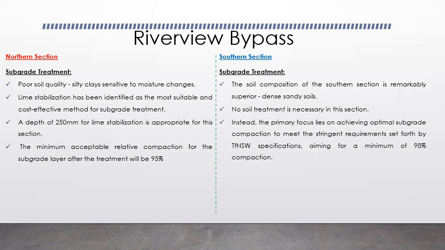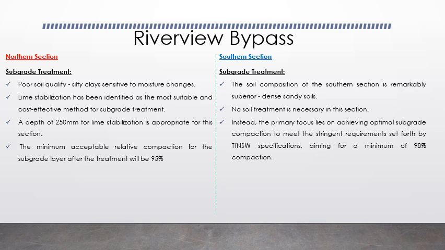And we'll have 250 mm of lime stabilization there in the northern section, and the minimum compaction after the treatment would be 95%.